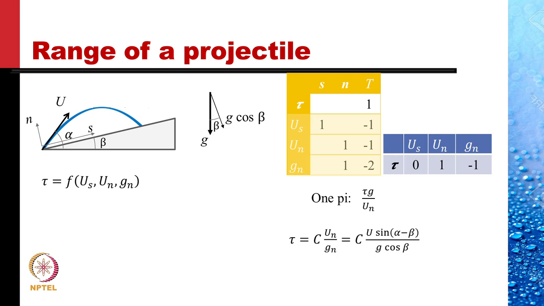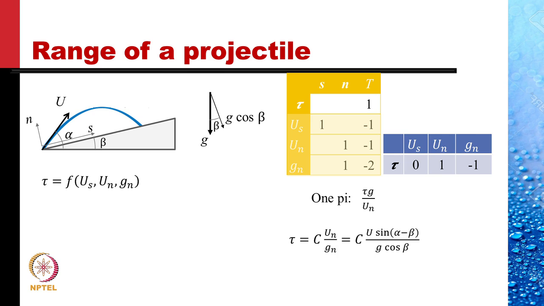We need 3 parameters in the basic group, and so we have only one left, and we can construct the dimensions of tau in terms of US, UN, and GN using the methods outlined in the last couple of lectures.